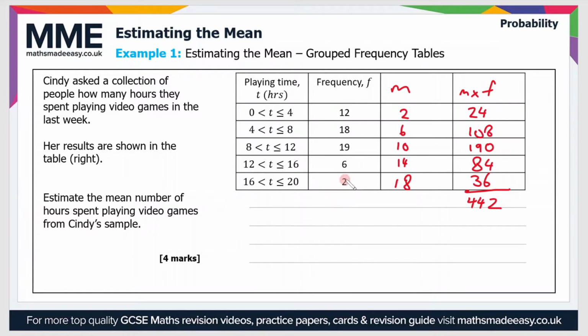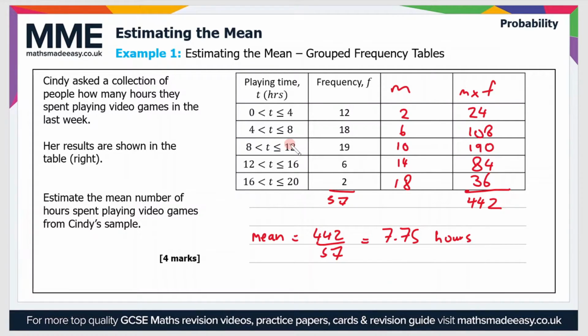And if we sum up the frequency column, that'll give us the total number of people, and that is a value of 57. So the mean we get from dividing the total number of hours spent playing video games by the number of people. So therefore the mean is 442 divided by 57, and that is a value of 7.75 hours.